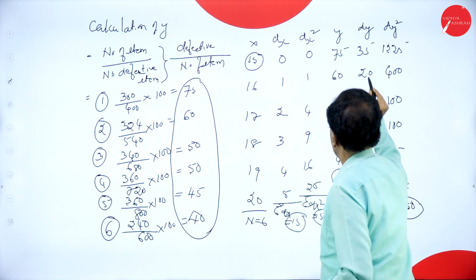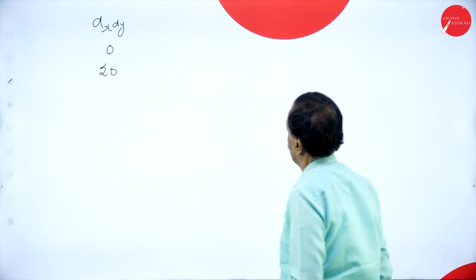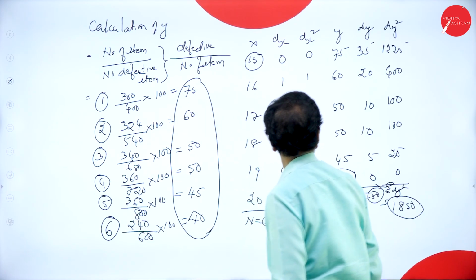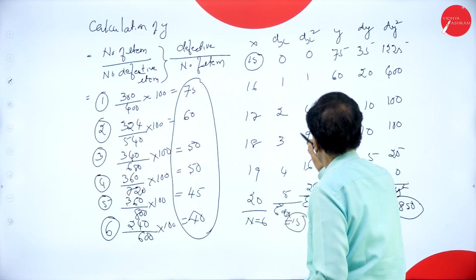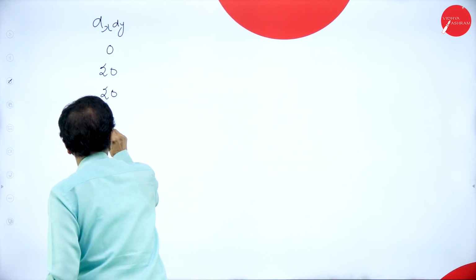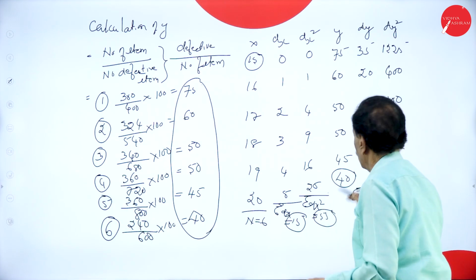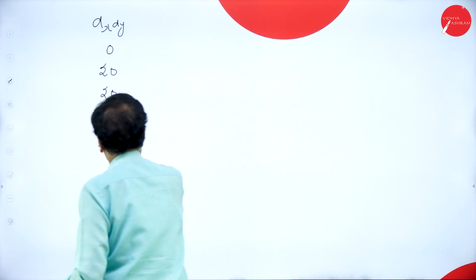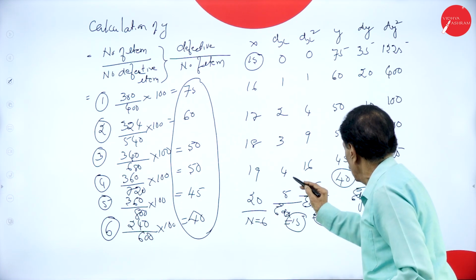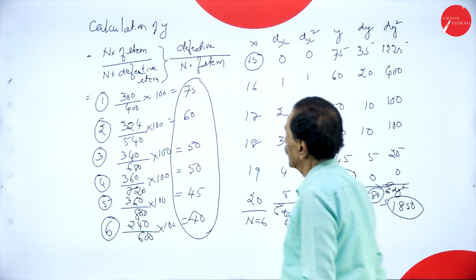Then 2 into 10 is 20. 2 into 10 is 20. 3 into 10 is 30. Then 4 into 5 is 20. Then 5 into 0 is 0.